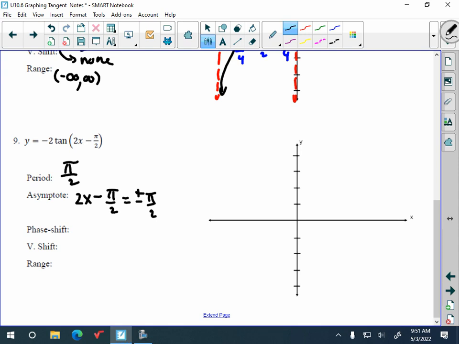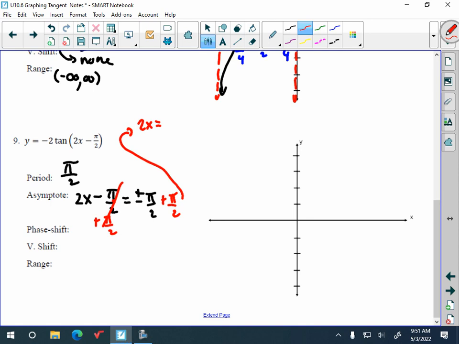And then we'll solve this. Add pi over 2 over first. I'm going to run out of room, so I'll do it up here. I'm going to set 2x equal to each of these values that I'm going to get, because they're both going to be different.